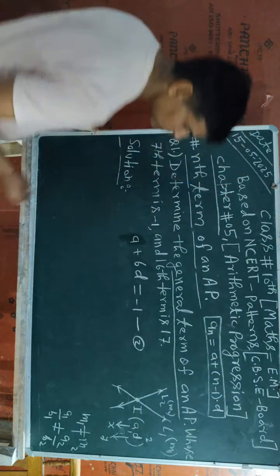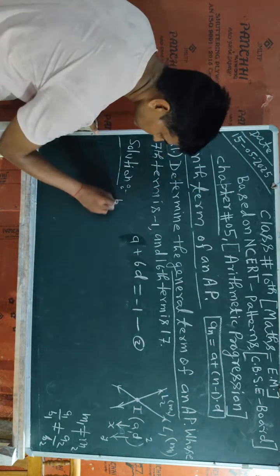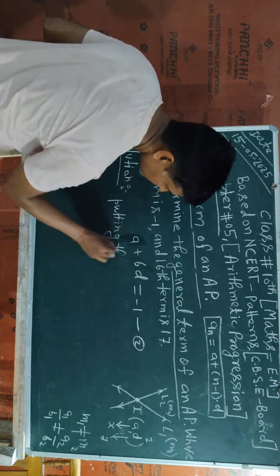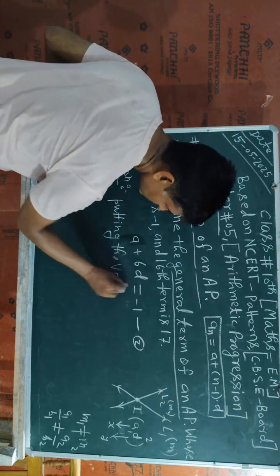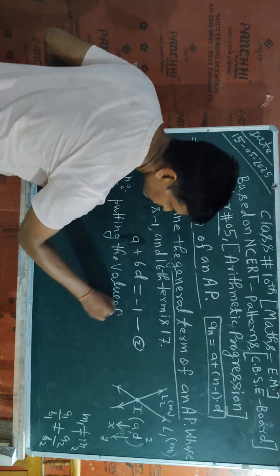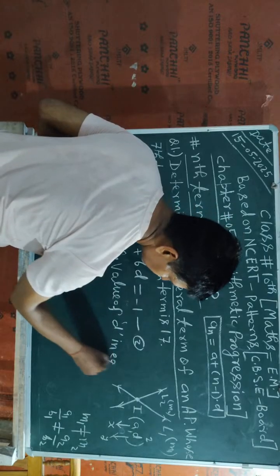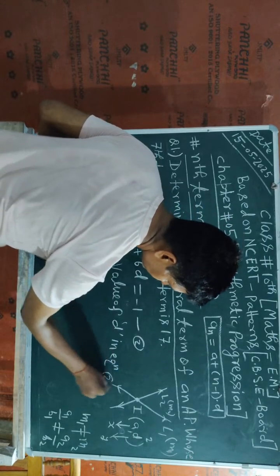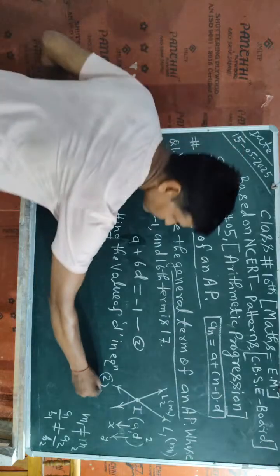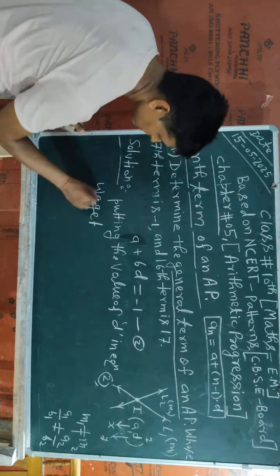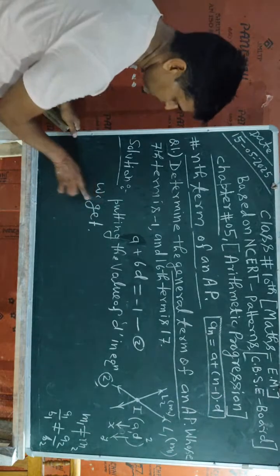That is equation number 2. Here I will write: putting the value of D in equation number 2, comma, we get.